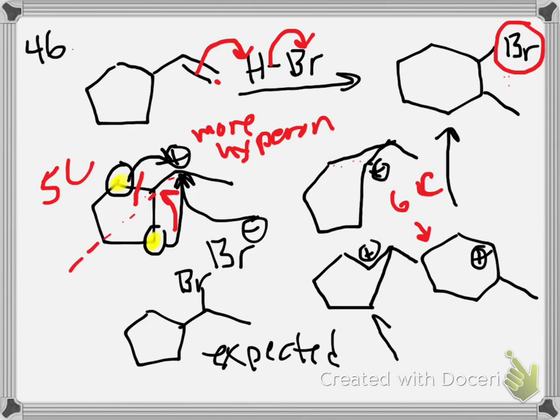So this ring is now 6 carbons and the carbocation is on a carbon next to a carbon with a methyl group, just like the carbocation is on a carbon next to a carbon with the methyl group. And then the Br minus forms a bond to the carbocation as normal.